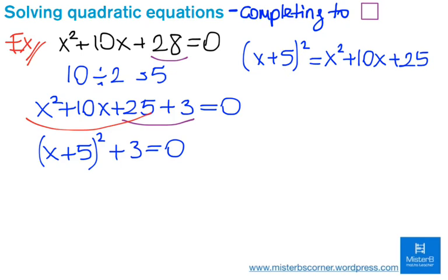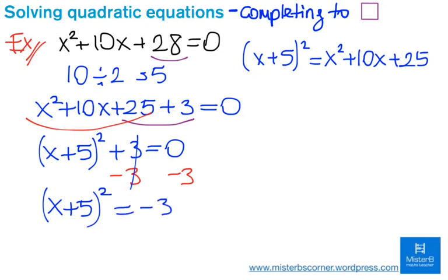And now, if I apply the same method, taking away 3 from both sides to leave the perfect square alone, I will have x plus 5 squared equal to negative 3. Again, I'm going on with the method, so I take the square root of both sides. Here is the problem. The square root of a negative number does not exist.